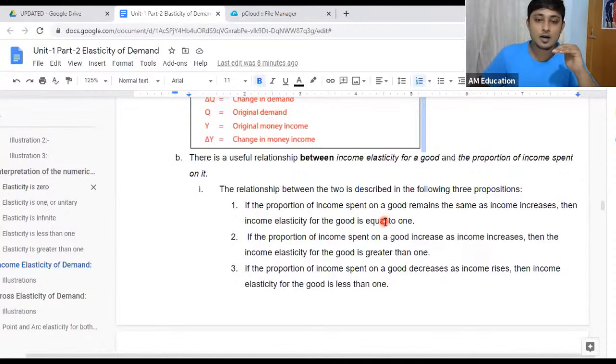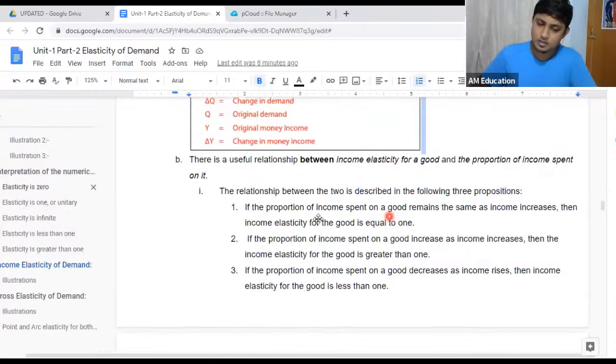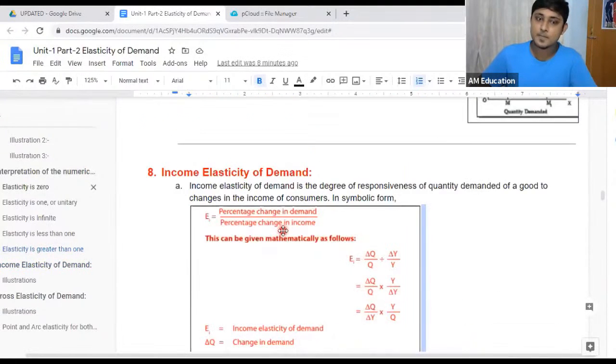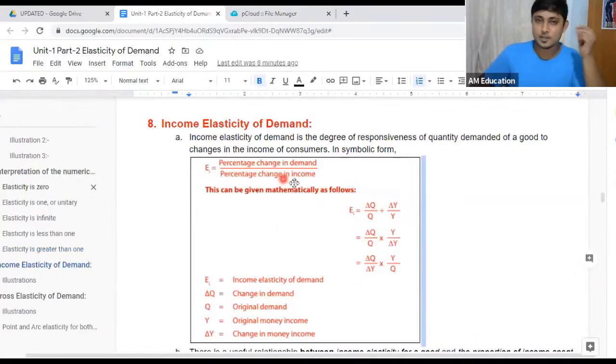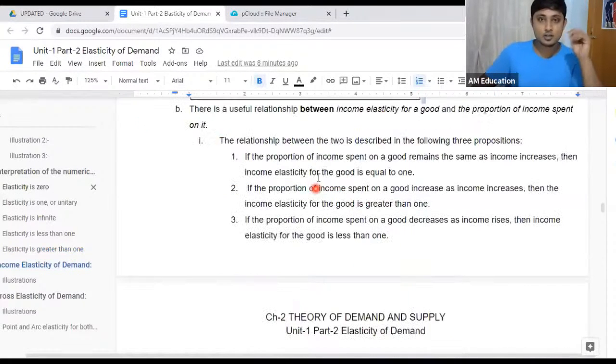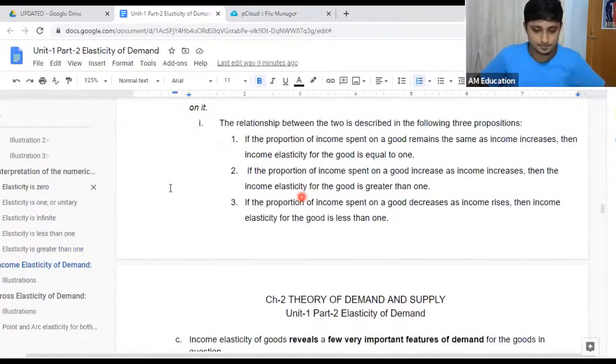What is this concept and what is this concept? What is the percentage change in demand by percentage change in income, and how much is the income change and how much is the proportion change? I'll tell you, wait. You'll find it, don't worry.